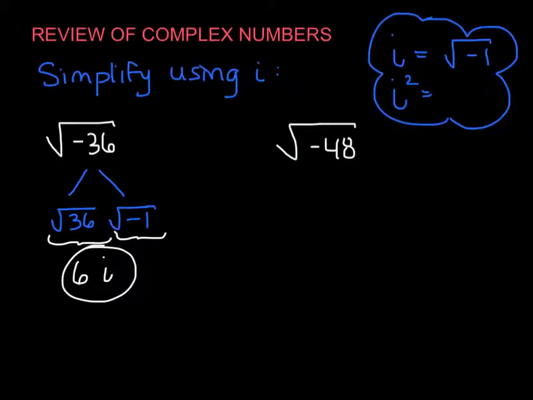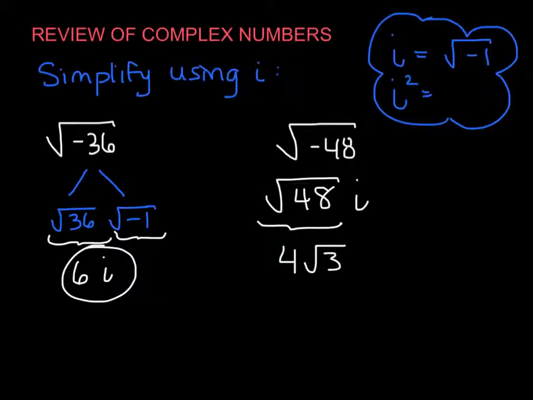Likewise, for the square root of -48, I know how to do the square root of 48, and this is really just going to have an i. But notice that i is not under the square root. It's replacing the negative part of the square root. When I do the rest, I end up getting 4 radical 3, so I really have 4 radical 3 i.